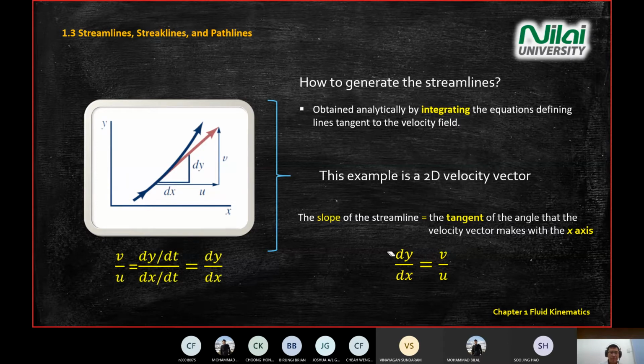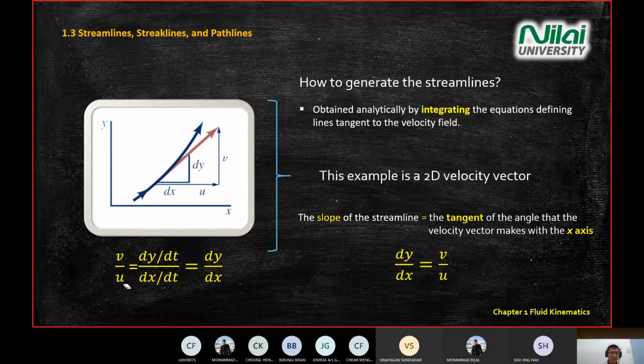So how do we arrive at this? For example, on the side notes, velocity v, we know that it's a change of y with respect to time, right? v equals dy dt, which is the change of distance traveled in the y direction with respect to time. Again, u is the x component.